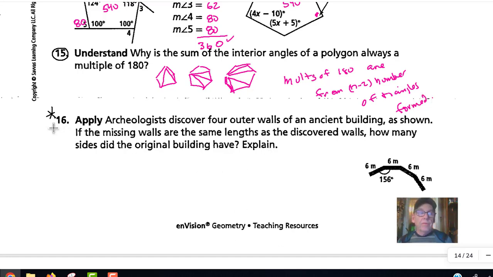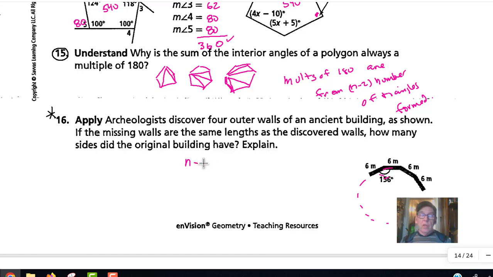And then I'll leave it for you to do number 16. What they're doing on number 16 is saying that this is a regular building, and the sides came out to be 6 meters, which gives you the regular part, but the inside angle is 156 degrees, and you want to figure out how many sides it has.